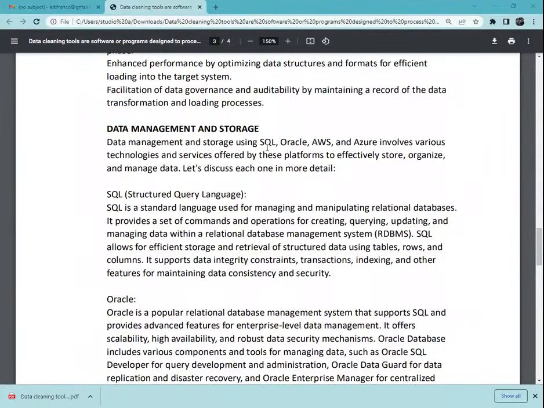Oracle, the Amazon services, AWS, very, very popular for storage of data, and the famous Azure, involves various technologies and the services offered by these platforms to effectively store, organize, and manage data. Let's discuss each one in more detail. We start with the Structured Query Language, SQL.